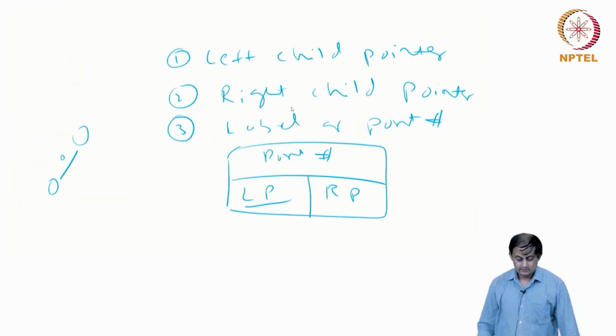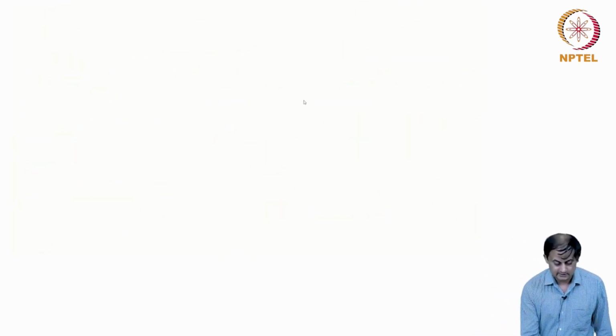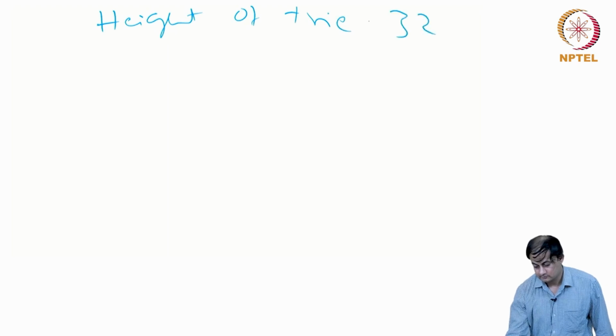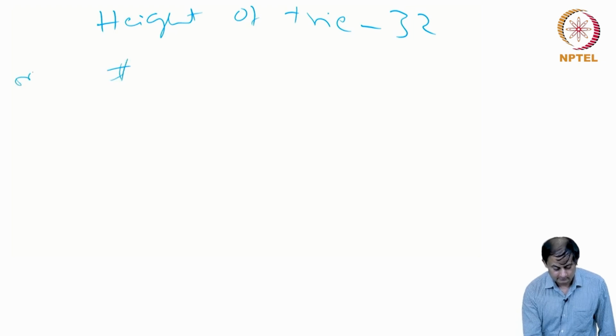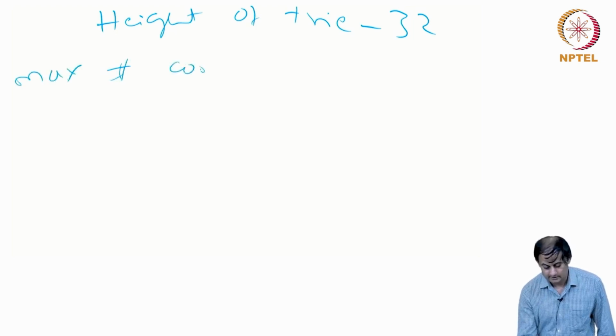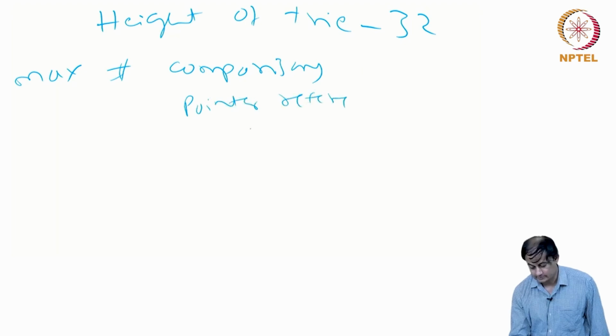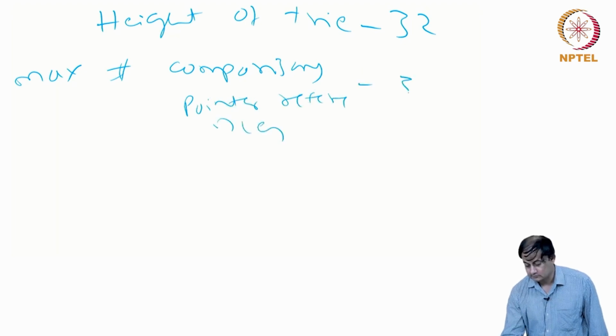So I repeat some of the formal concepts. The height of the trie is 32, and the maximum number of comparisons, here the pointer traversals, left or right, pointer references is going to be 32.